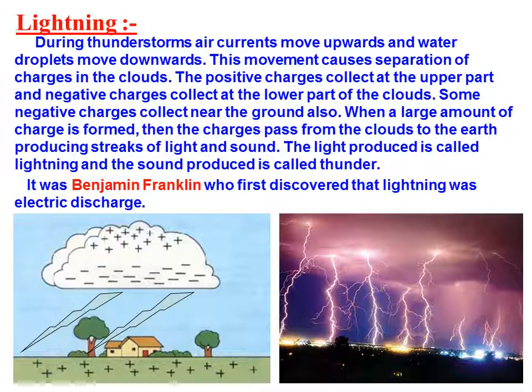When a large amount of charge is formed, the charge passes from the cloud to the earth, producing a streak of light and sound. We can have a figure here. There is a cloud in the left figure and the upper part is charged with positive charge, the lower part of the cloud is charged with negative charge, and as we know the ground is also positively charged.